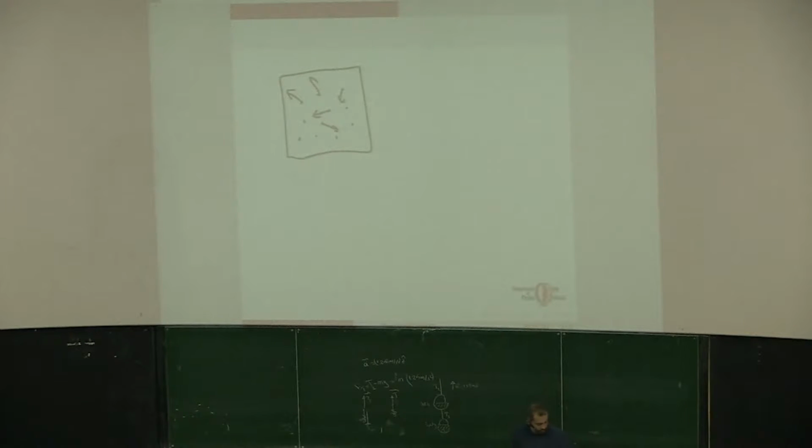They all move randomly. This is what we have for the gas now. And after we had a concept of temperature, we can talk about the kinetic energy of these molecules, and it turns out that the kinetic energy of these molecules is proportional to the temperature.